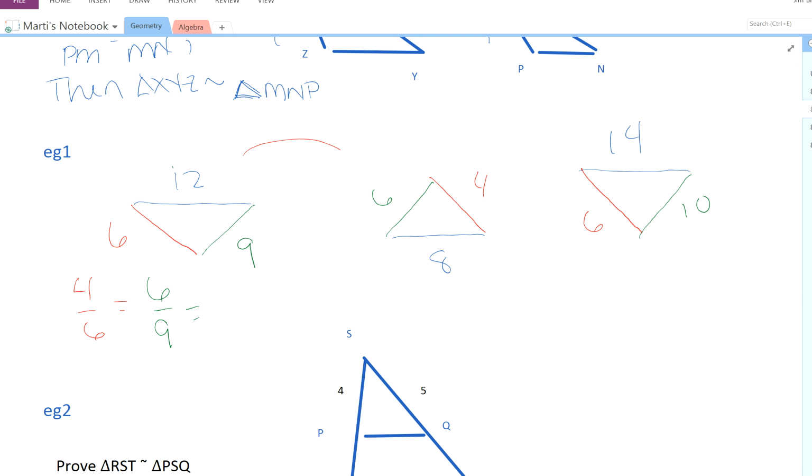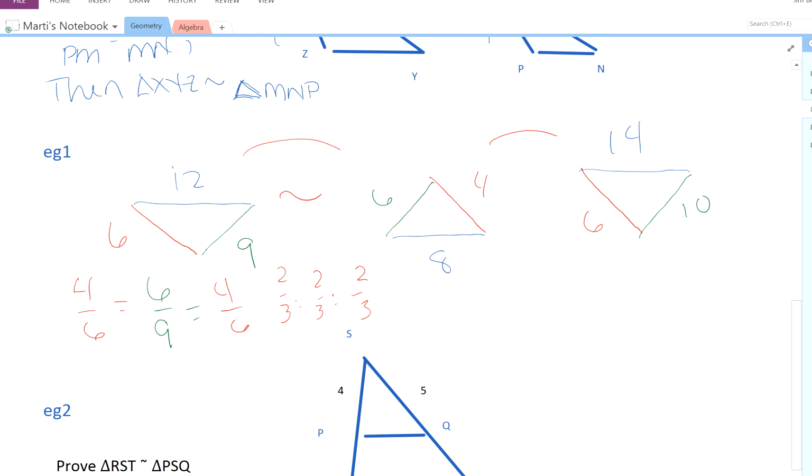Is that equal to 4 over 6? So you reduce these three, and you get 2/3 equals 2/3 equals 2/3, which means that by the side proportionality similarity theorem, these two triangles are similar to each other, right?